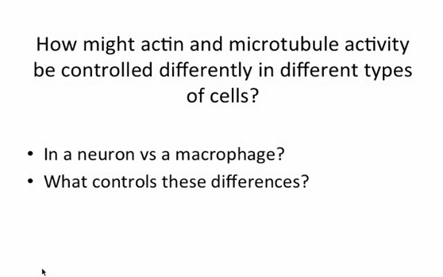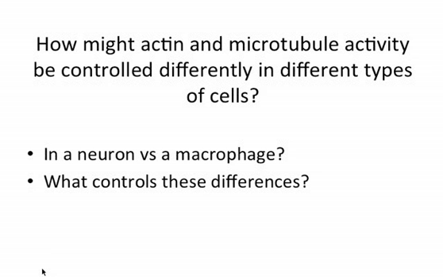So now that I've convinced you that there are differences in different cell types, what do you think controls these differences, in terms of the cytoskeleton? How come in a neuron you're not going to have this constant actin rearrangement and constant microtubule rearrangement?